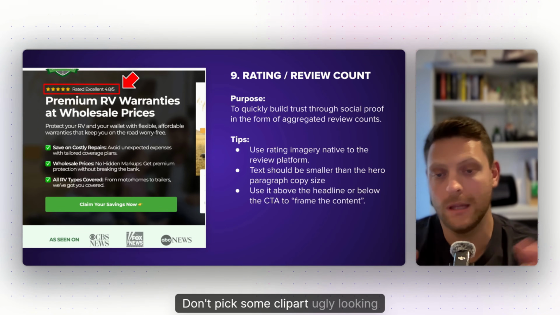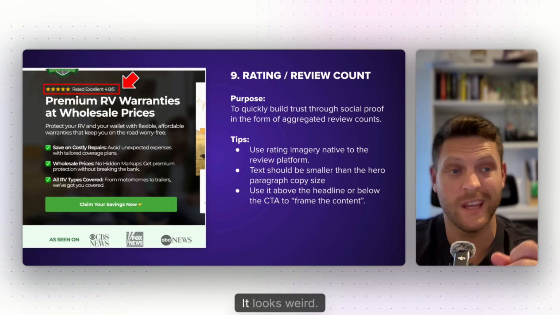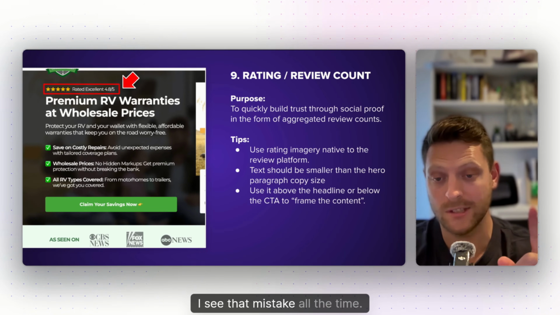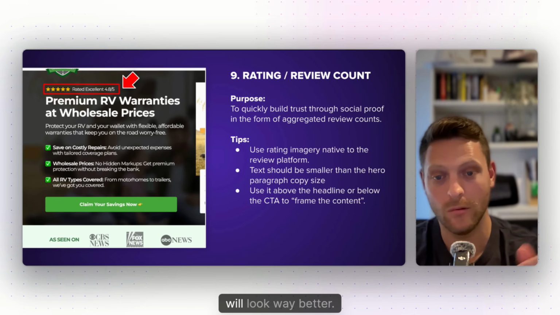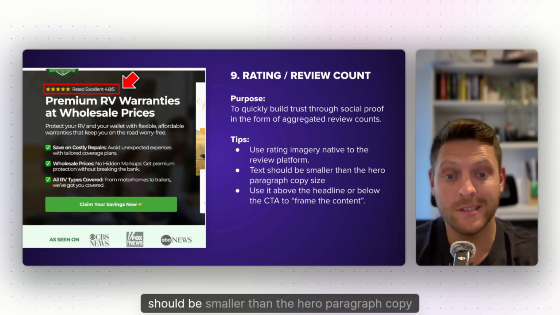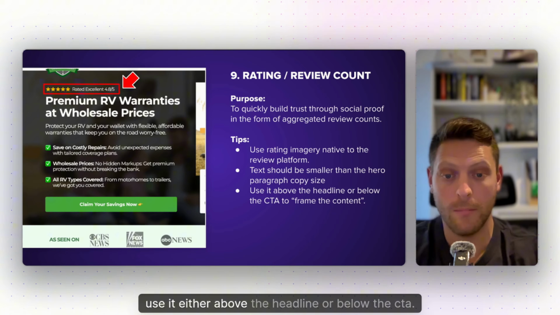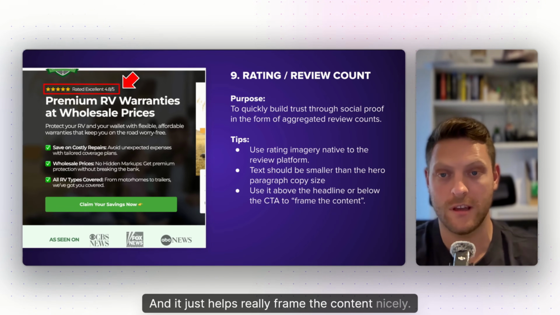Don't pick some clip art, ugly looking 5-star yellow design abomination. It looks weird. It doesn't look native to the platform. I see that mistake all the time. So don't do that. Pick the review stars from the platform itself. It will look way better. Text should be smaller than the hero paragraph copy size, and use it either above the headline or below the CTA, and it just helps really frame the content nicely.